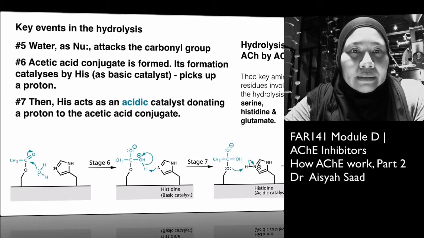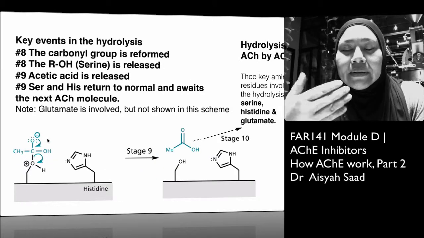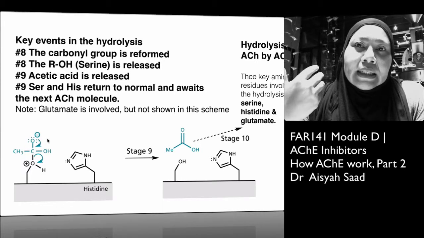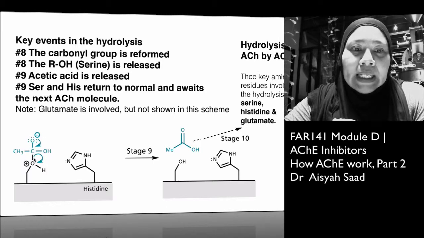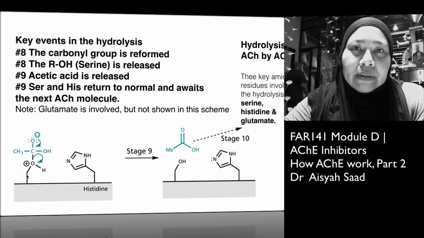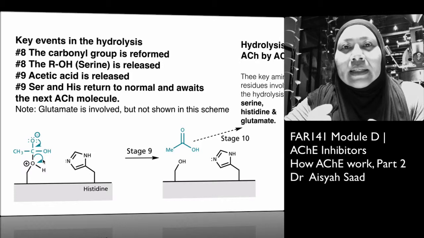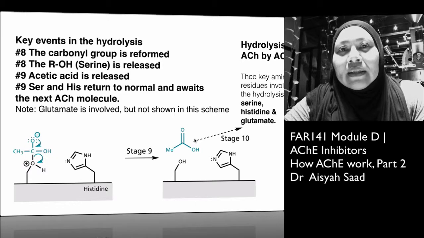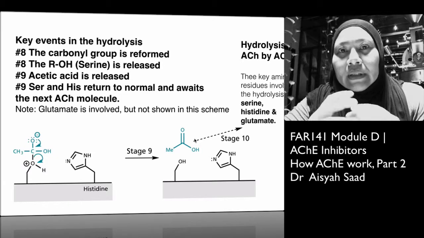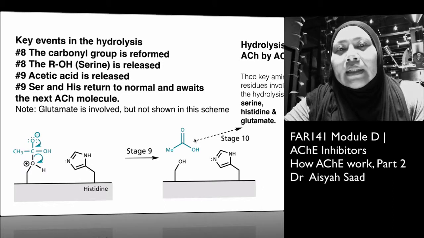Okay, and now in the next stage, as I like to mention, this is a recurring pattern: the charge on an organic molecule will be neutralized. If you see, this is similar to an alcohol. So that bond is cleaved to form back the serine, and that acetic acid will be released from the whole catalytic triad, and that is how acetylcholine is hydrolyzed.